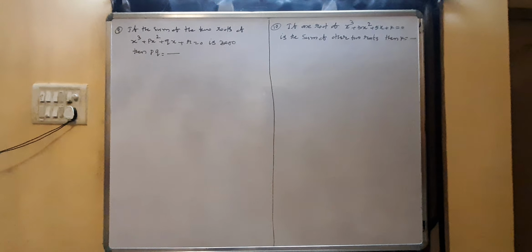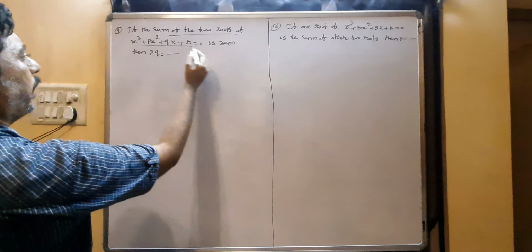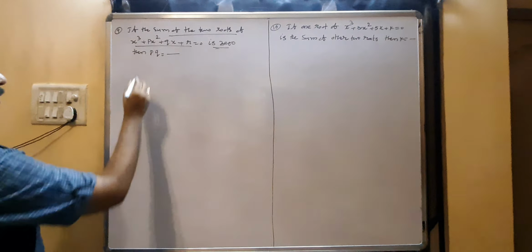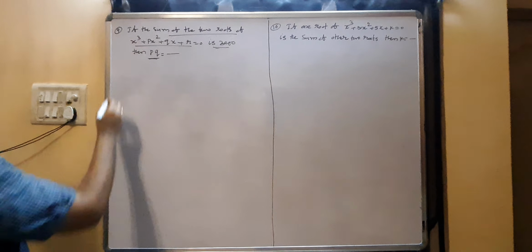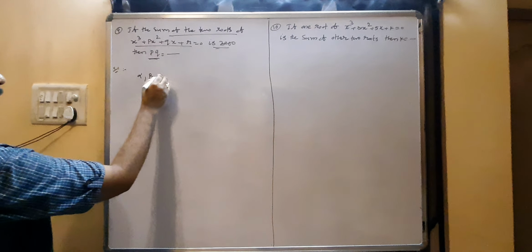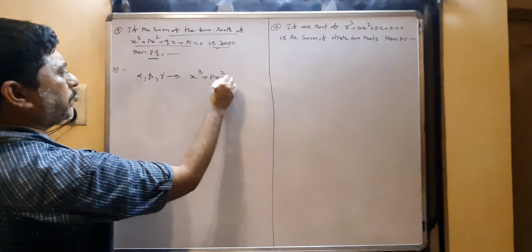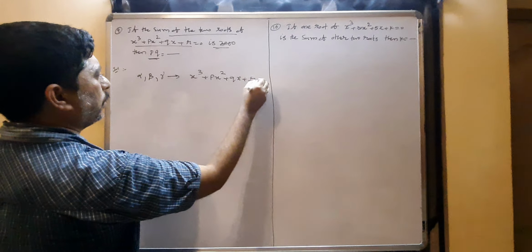Coming to the next question. If the sum of two roots of the equation is 0, then we are asked to find the pq value. Take the cubic equation where alpha, beta, gamma are the roots of x cube plus px square plus qx plus r.